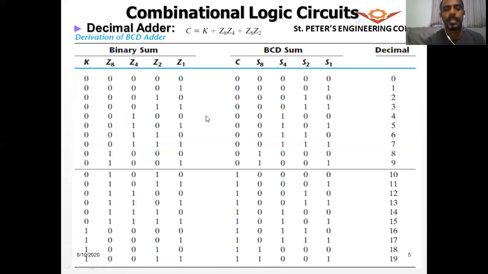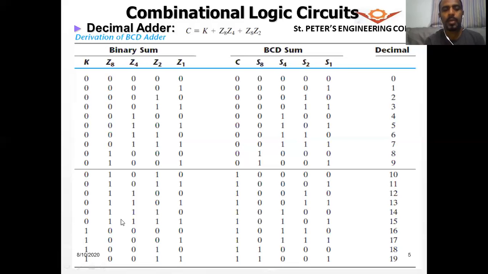Now when you go to this set of combinations, Z8 and Z4 do not change, whereas Z2 changes and Z1 changes, so these 2 will again be eliminated. But this is a Z8 complement and Z4 complement, so we will not worry about this.